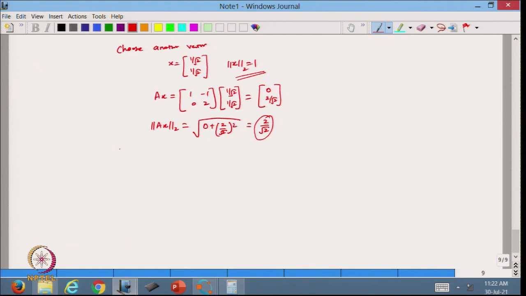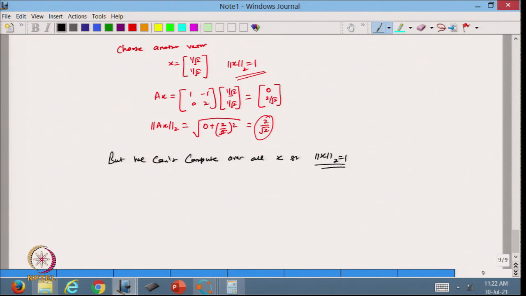So, this way we can find out the norm, but we cannot compute over all x such that norm of x is 1, because there are infinite number of vectors there.